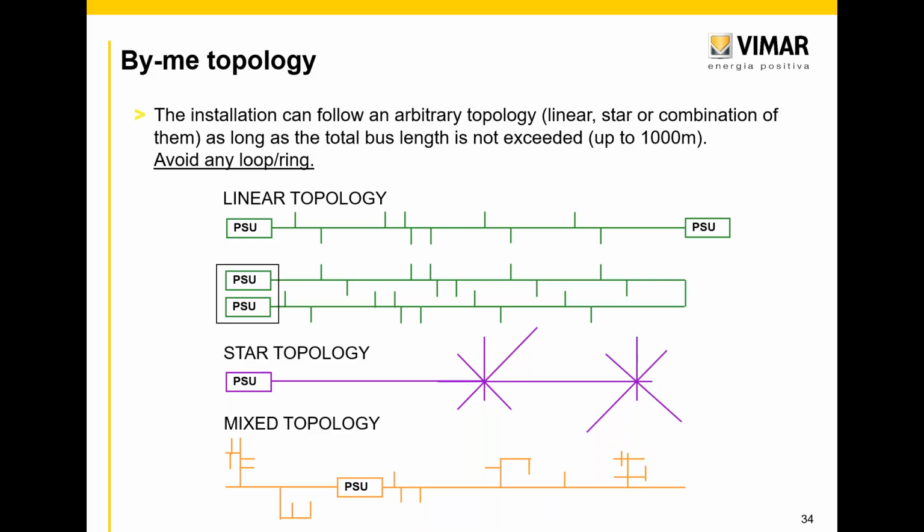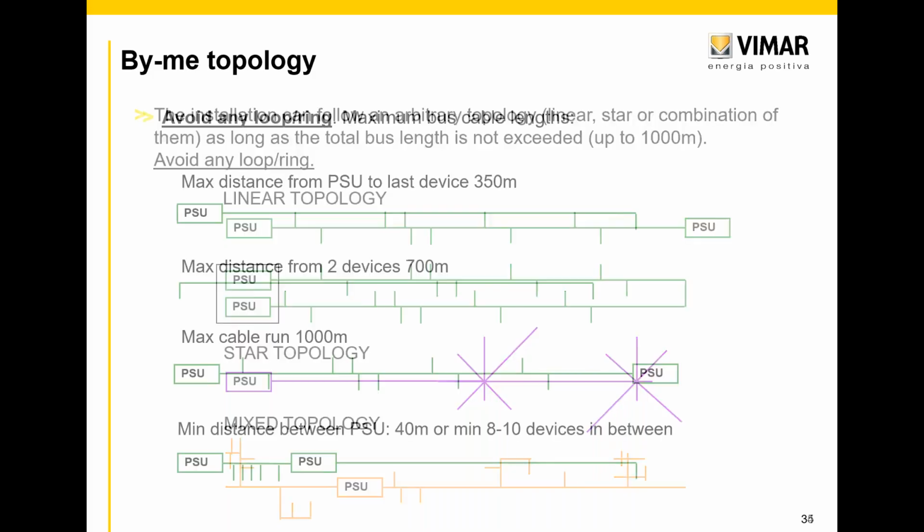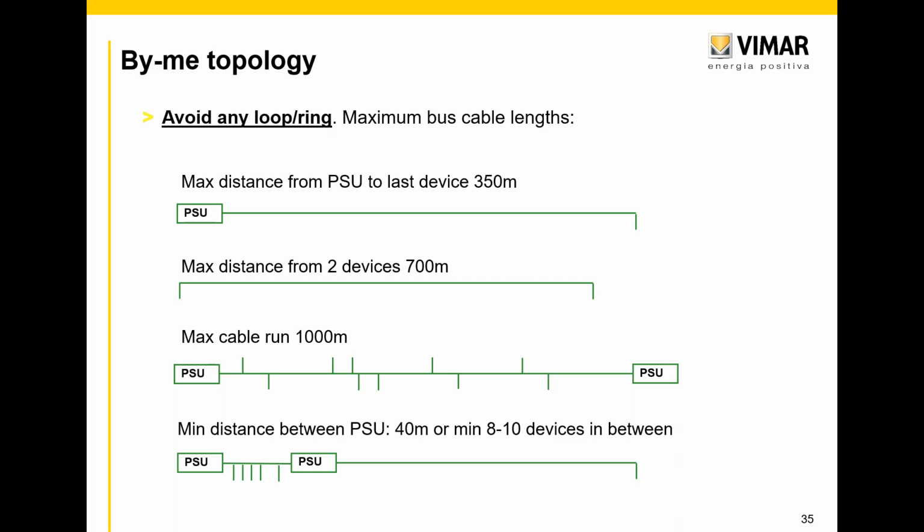As well, we can do the star topology, which is much more flexible, and the most used topology is what we call mixed, where from one place we can derive trees or stars, different branches and connections to devices. In terms of distances, we have up to 350 meters from the power supply to the last device, and a maximum distance between 2 devices of 700 meters.